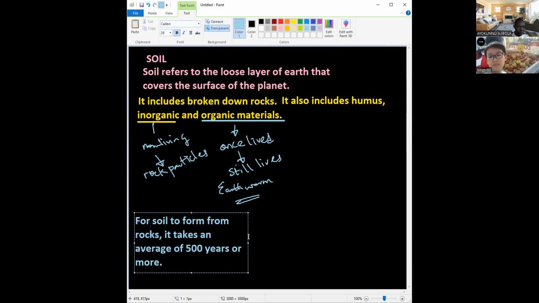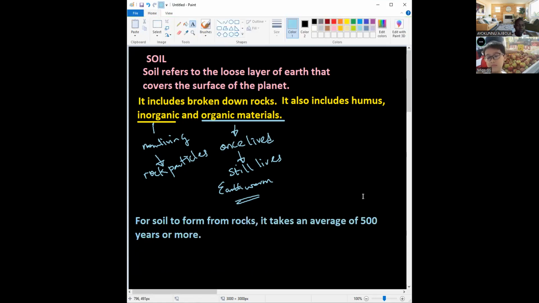It's not going to form in 5 minutes, no, but it's going to take an average of 500 years. So how long does it take for soil to form from broken down rocks? Up to 500 years or more.